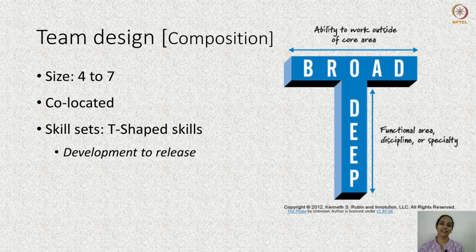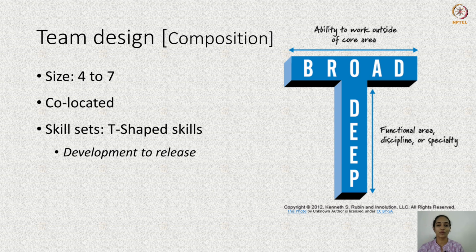The next question that comes to mind is, what are the skill sets which are required of members of agile teams? Like I said in the definition, members of agile teams should have complementary skills. That is, they should not only be good at doing their own work, but should also be able to get along with others.